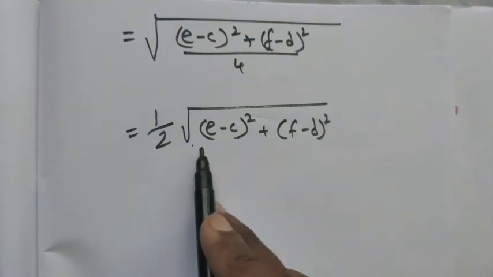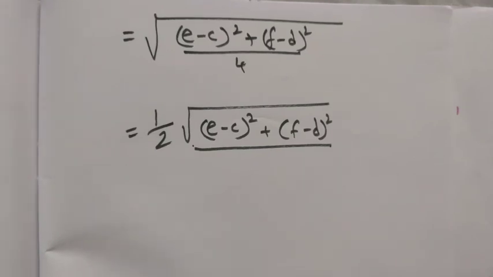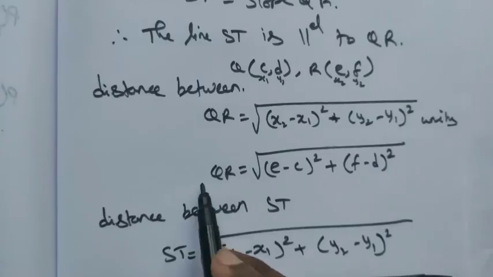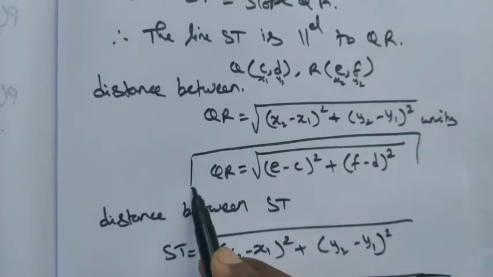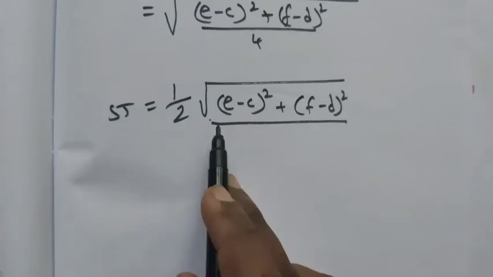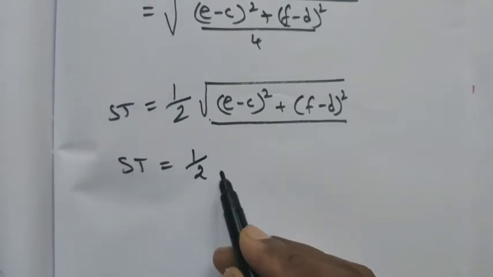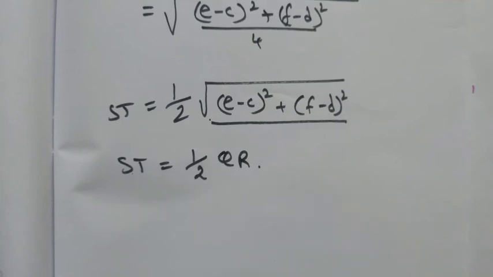See, this value, the root of (E minus C) whole square plus (F minus D) whole square, is equal to QR. Right? The value is QR. Now I apply the value here, therefore the length of ST is equal to half of the length of QR. That is the condition.